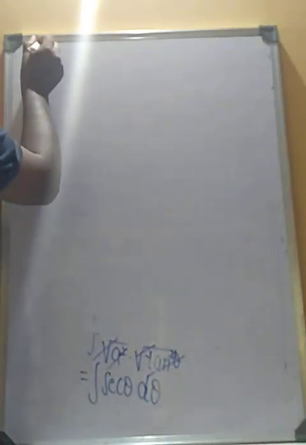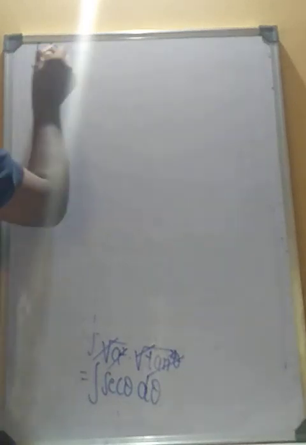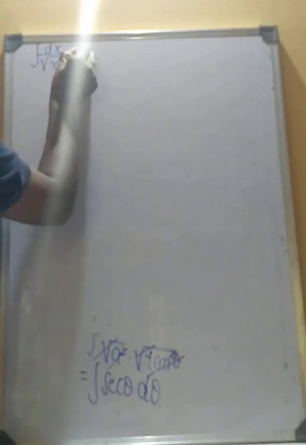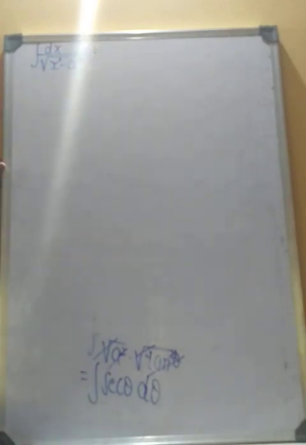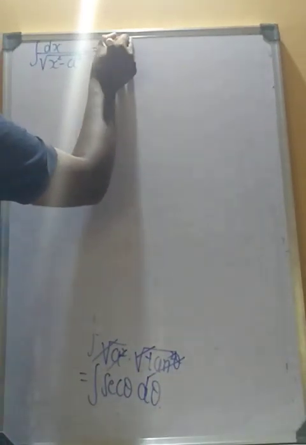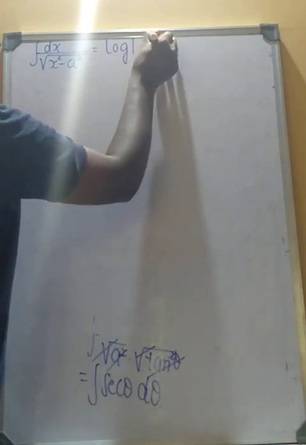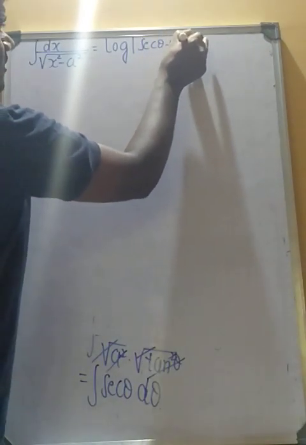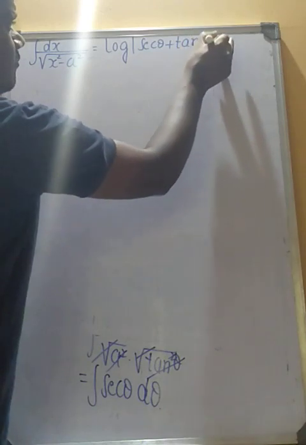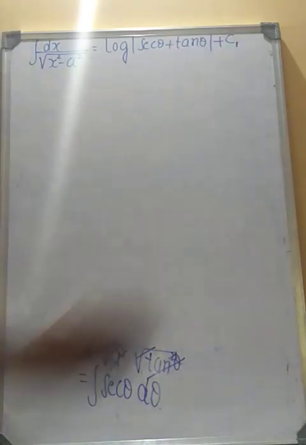So therefore, integral of dx dividing by root of x square minus a square is equal to integral of secant theta, which is the log of mod secant theta plus tan theta plus constant of integration, that is called C1.